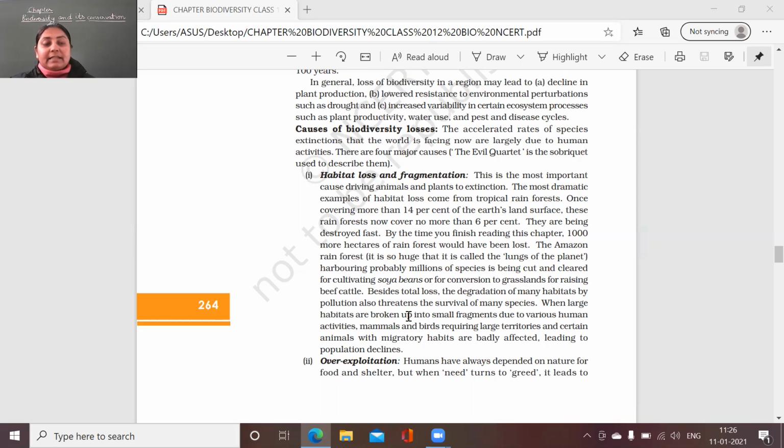So what happens to species when their habitats get degraded? ठीक है, जब उनके habitats degrade हो जाते हैं तो most of the species become threatened.